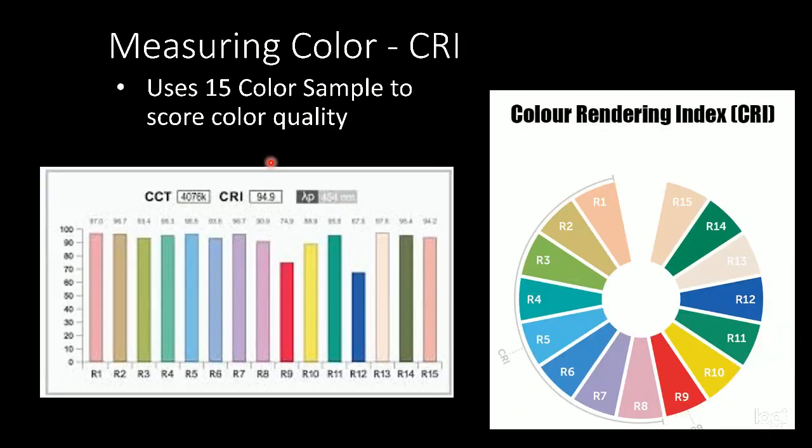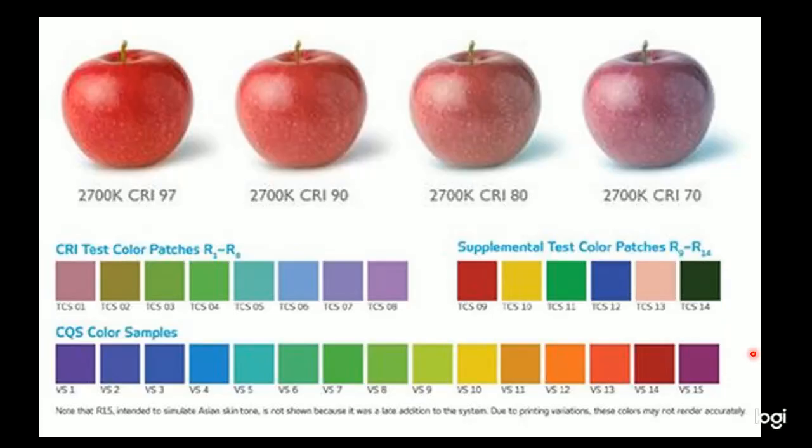Color rendering index is based on a sample of 15 colors to score the color quality. So these are the colors that it is measuring, a range of colors, and it's measuring how well a fixture can produce these individual colors and how accurately. And here are the color samples as they go around. So, 15 color samples. Now let's look at color rendering.